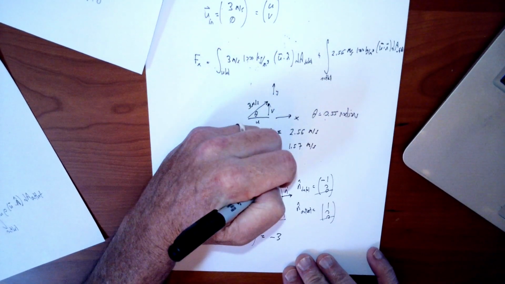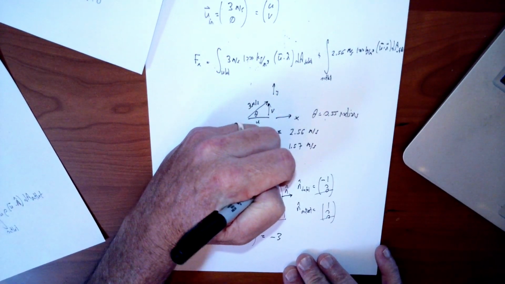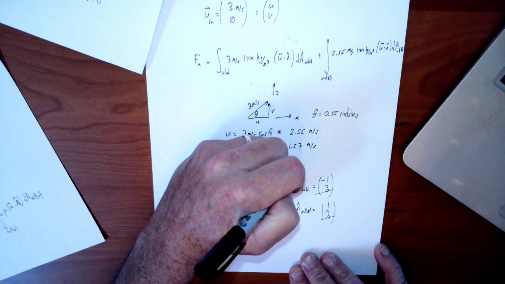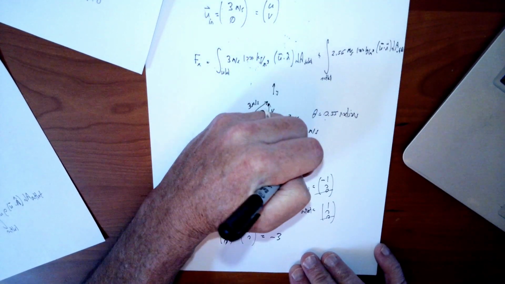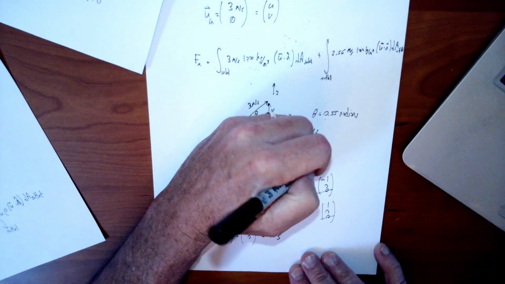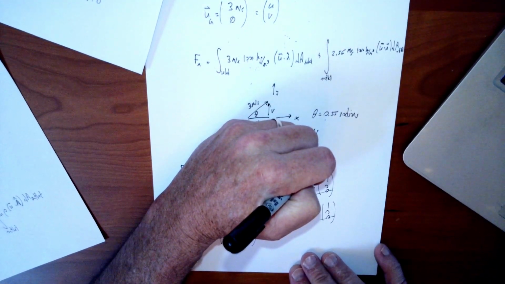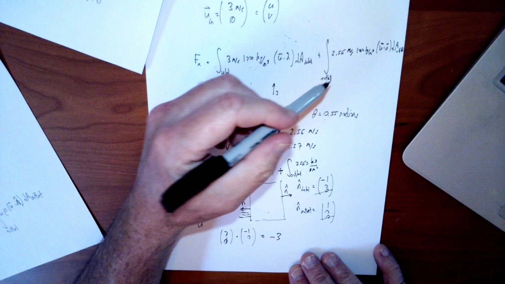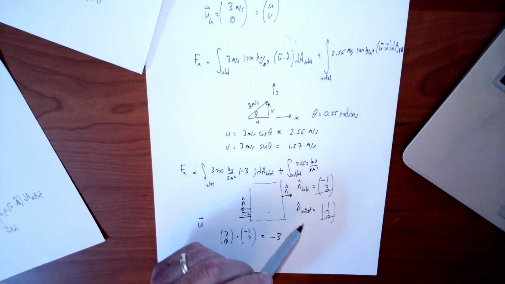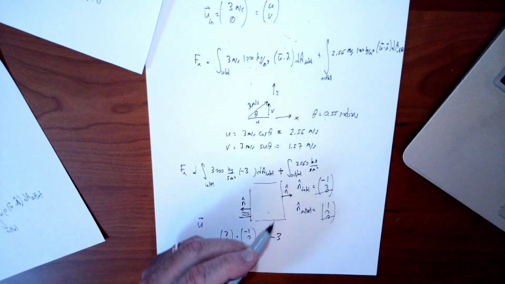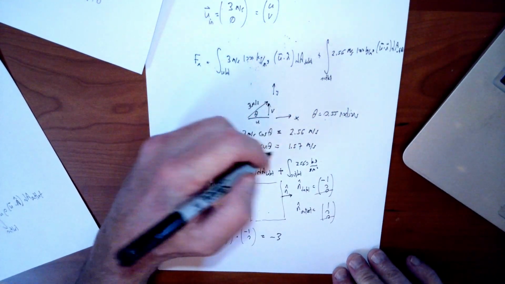But for the outlet, plus the outlet has 2,560 kilograms per second meters squared times U dot N again. Well, U dot N this time is going to be positive 2.56 because U is this.